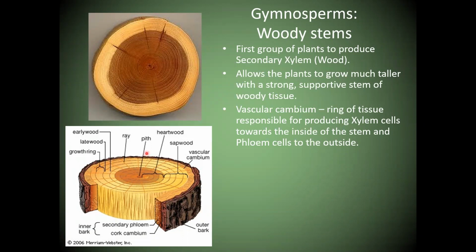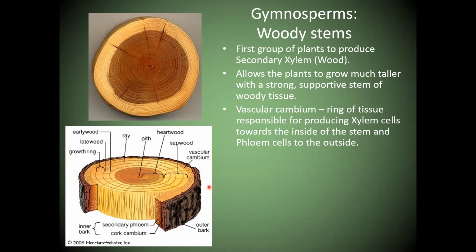If you look at this particular cross section, the outermost part is the bark, and then the vascular cambium is this very thin line of cells that I'm showing with my pointer, which is circular in arrangement. That ring of tissue is responsible for producing xylem cells towards the inner part of the stem and phloem cells to the outer part of the stem, towards the outer edge, right?